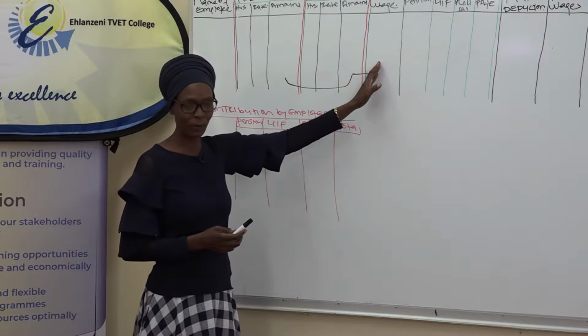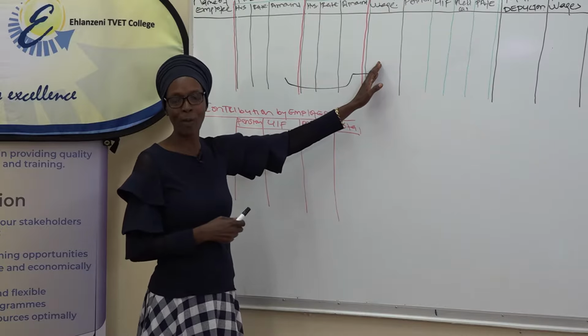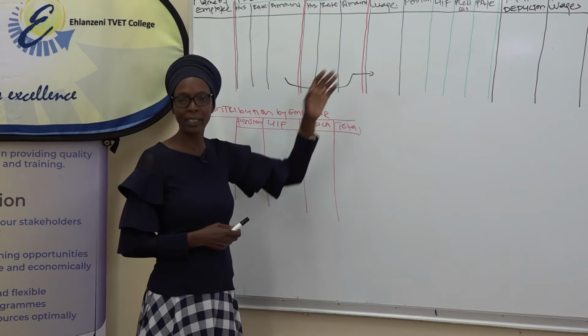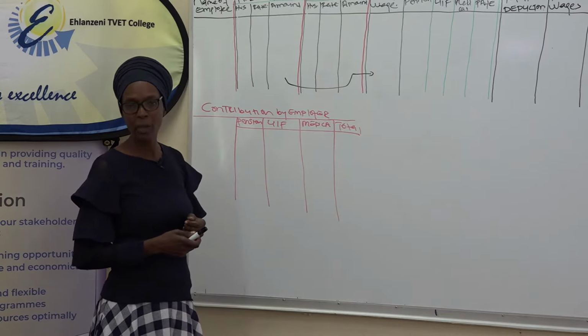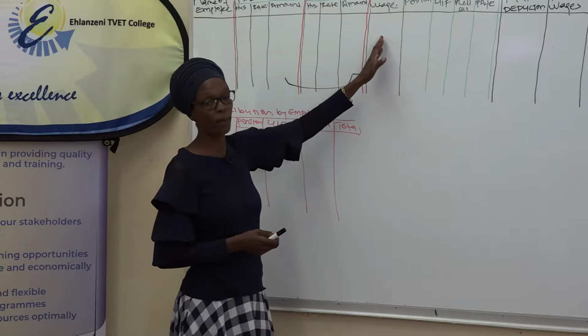A gross wage is calculated by adding the amount of normal time and the overtime amount. If they ask you to explain what a gross wage is, it's a wage before deduction.